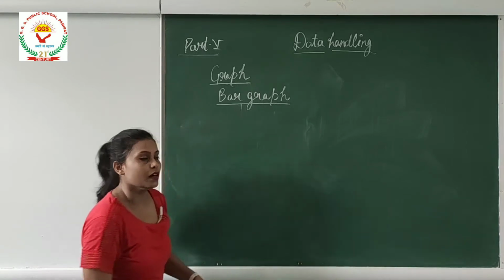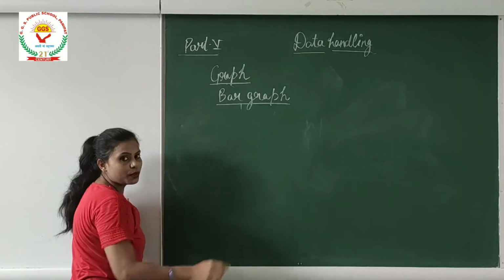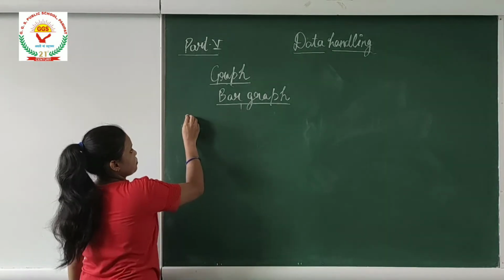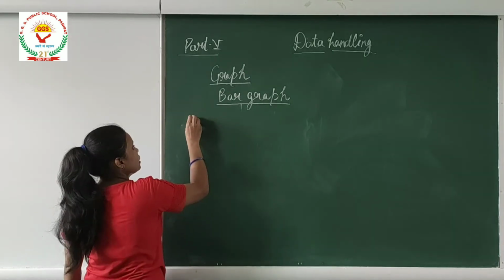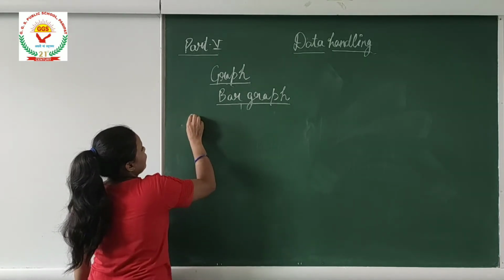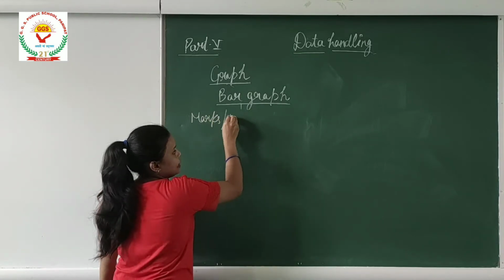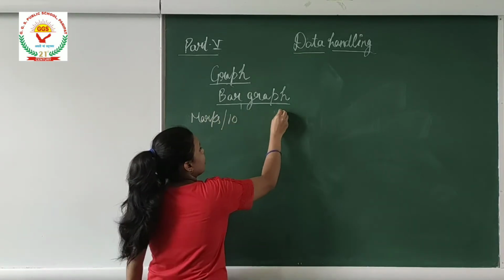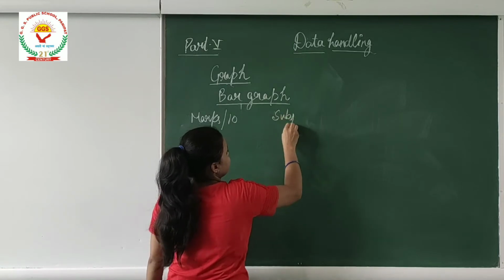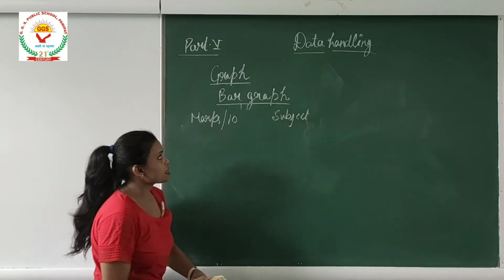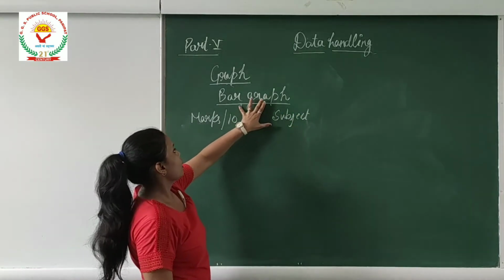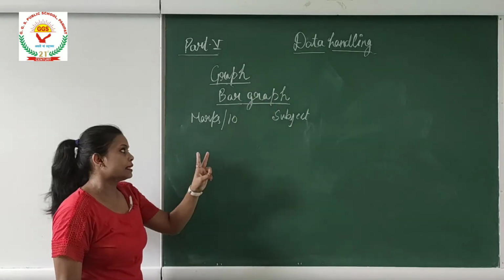Suppose we have data of a student having marks of a test, like marks out of 10, and subject. For the representation in the graph, we need 2 entities.